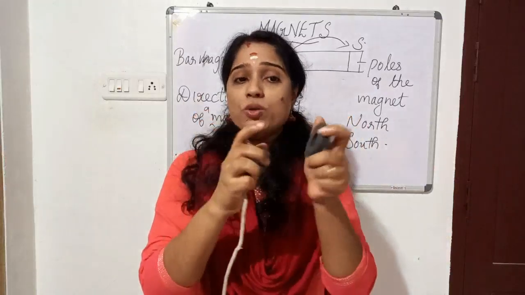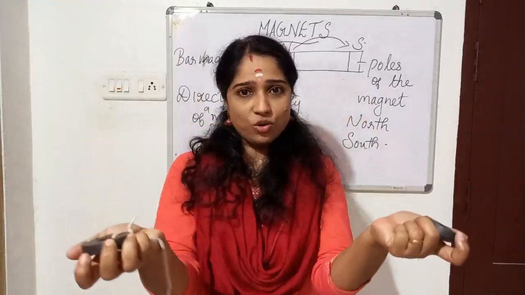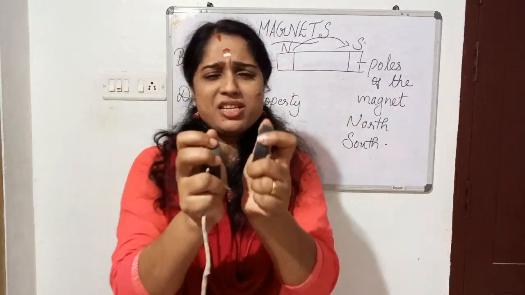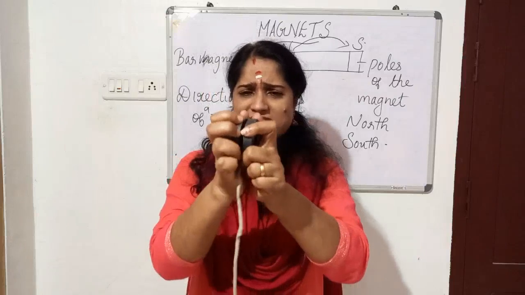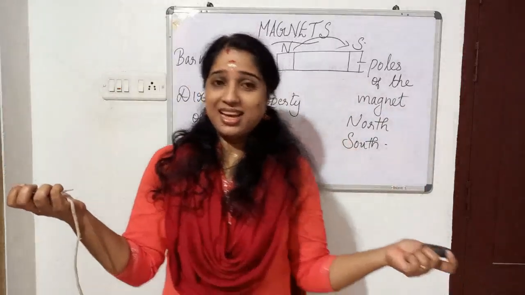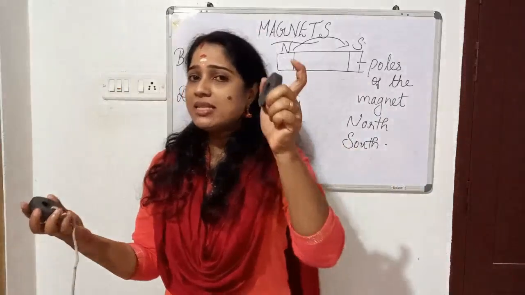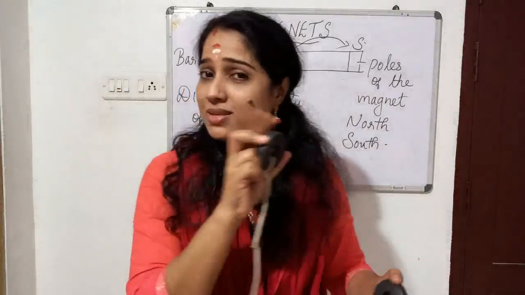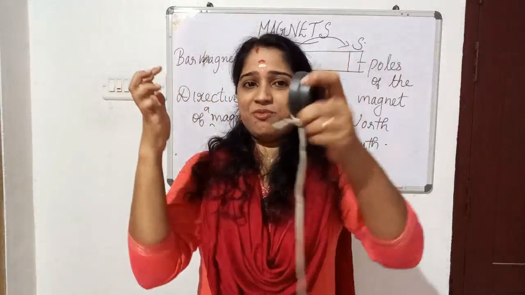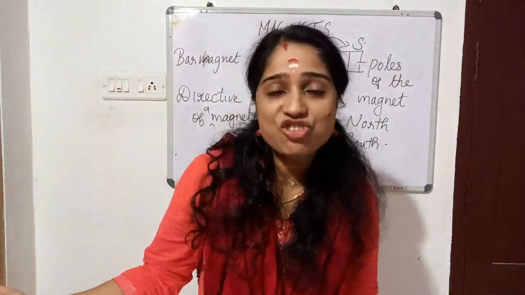Two North Poles will not attract, even if I try very hard. But if one is the North Pole and one side is the South Pole, just see what happens. Very easily they touch each other.